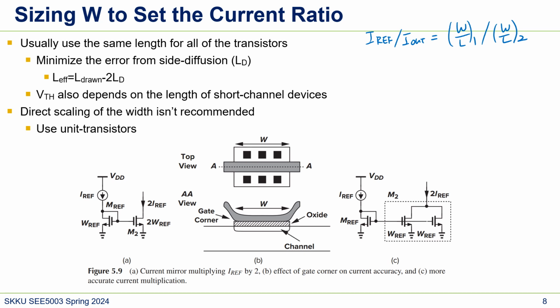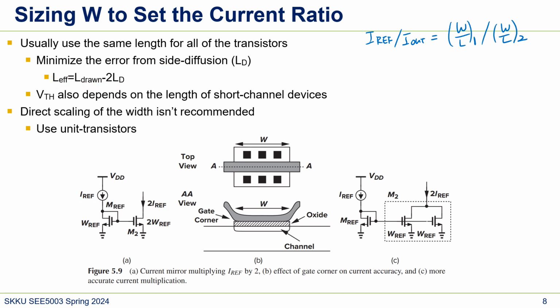So one is this transistor, and then 2 is the target transistor. And the reason for setting the length the same is, first, to minimize the error from side diffusion, LD. So L effective is L drawn minus 2LD.